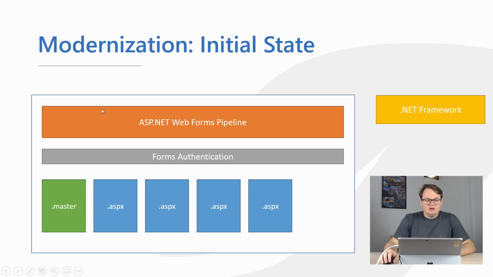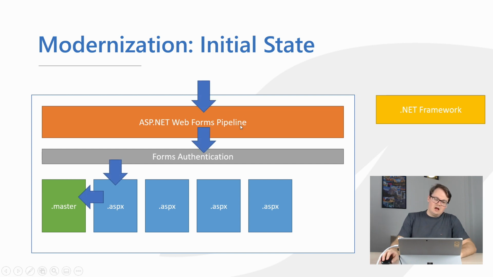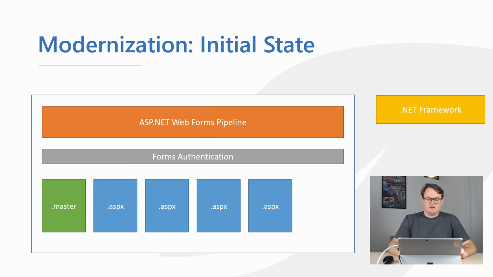And then in the application process, there is the web forms pipeline, which is responsible for handling all the requests. So if you get an HTTP request, it can go through typically the forms authentication. It can be, of course, anything else, but this is the most common scenario. And it's routed to some ASPX page, which probably is using some master page, because all the ASP.NET Web Forms applications are probably using master pages, and the request is dispatched.